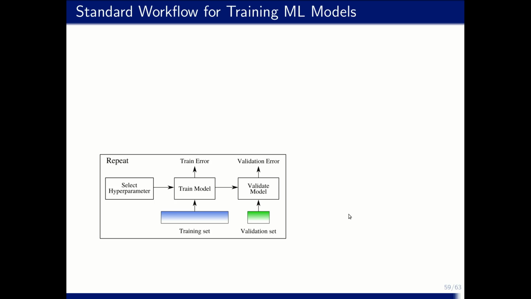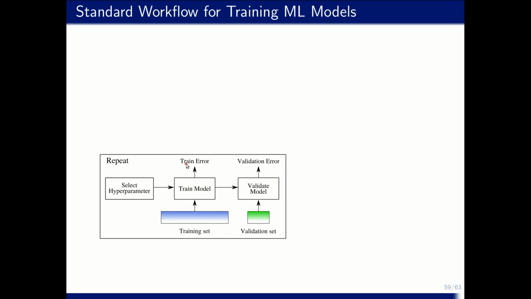Splitting our data into training, validation, and test set also leads to a good standard workflow for training machine learning models. As said, our model has several hyperparameters, and we a priori select a suitable range for these hyperparameters or certain configurations for them. For each of these configurations, we would train a model on the training set.